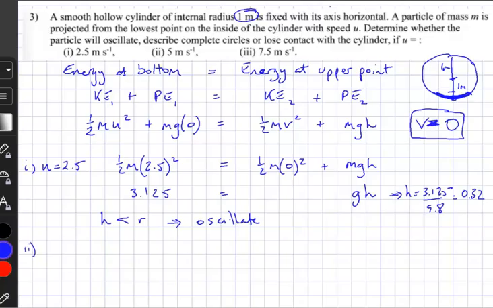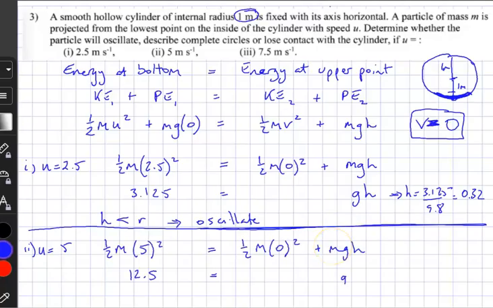Okay, on to the next one. We have u being 5. Setting myself up in exactly the same way, we end up with h being equal to 12.5 divided by 9.8, and that gives us an answer of approximately 1.3 meters.